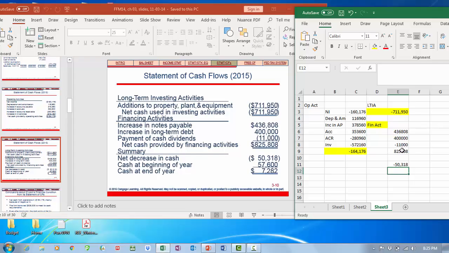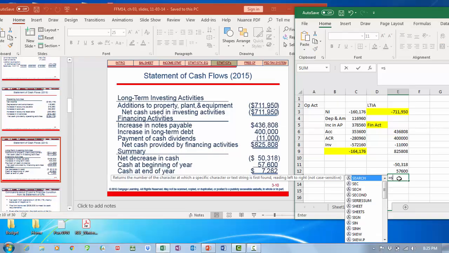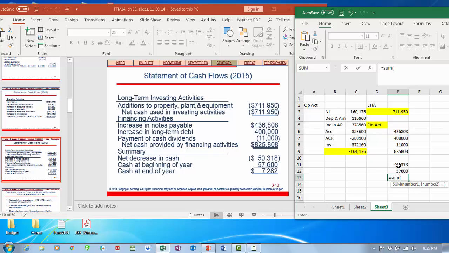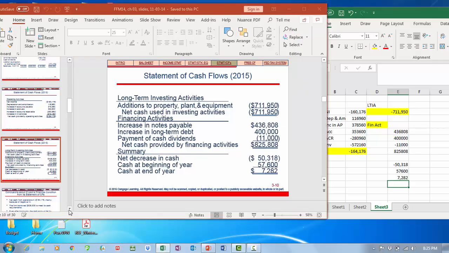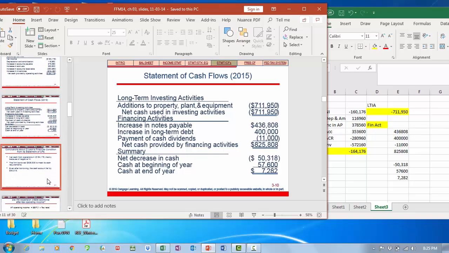Cash at the beginning of the year is 57,600, and that is implying that you have a net ending cash balance of 7,282. Obviously that's not good. So this is a situation why the shareholders are not happy. So I guess now you know how to calculate these components and aspects.